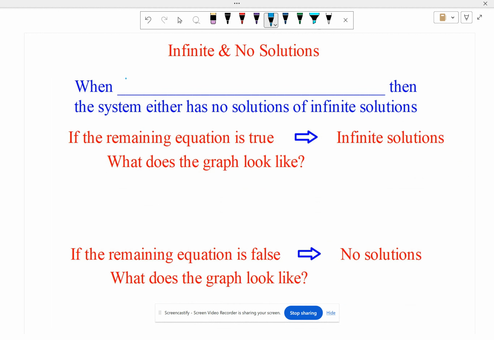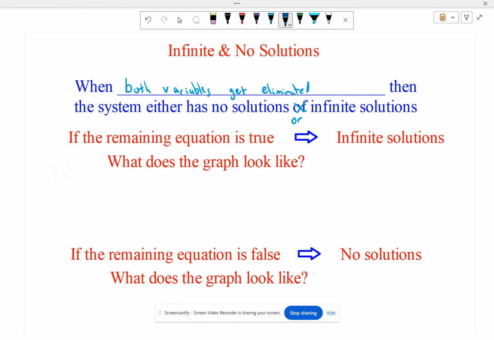So when both variables get eliminated, when there's no variables left, then the system will either have no solutions or infinite solutions.